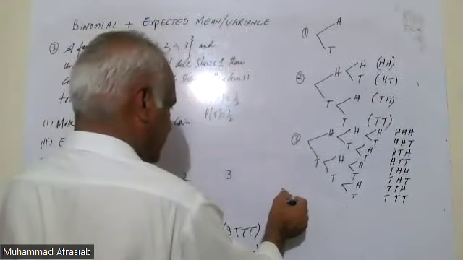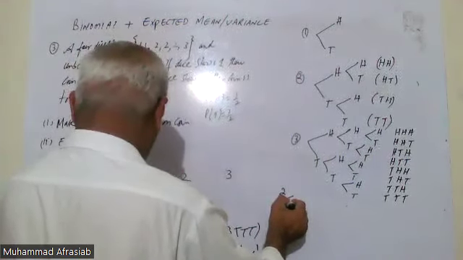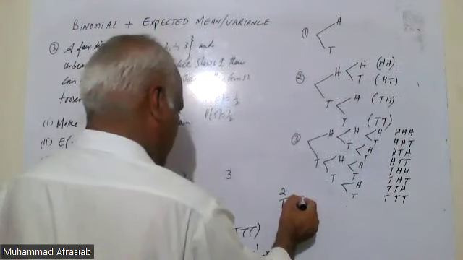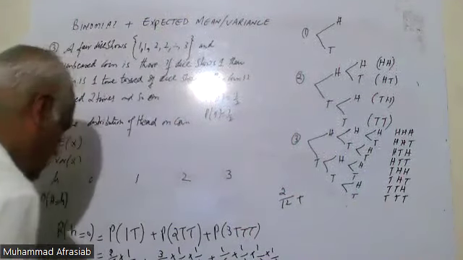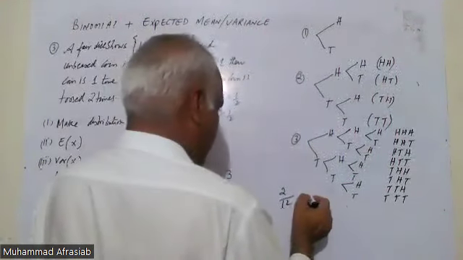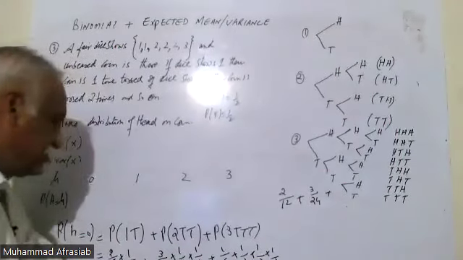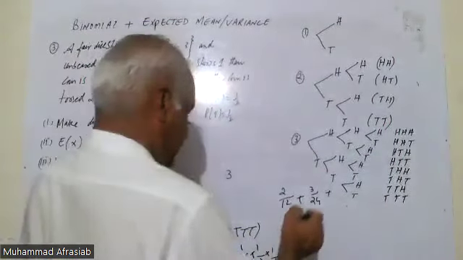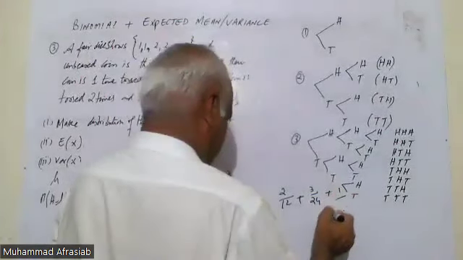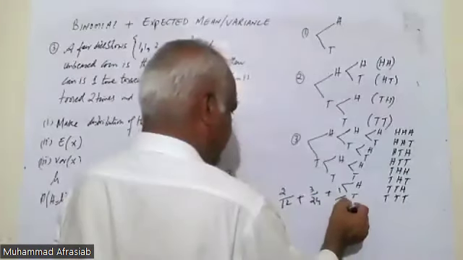So this is calculated as 2 by 12 plus 3 by 24 plus 1 by 48.